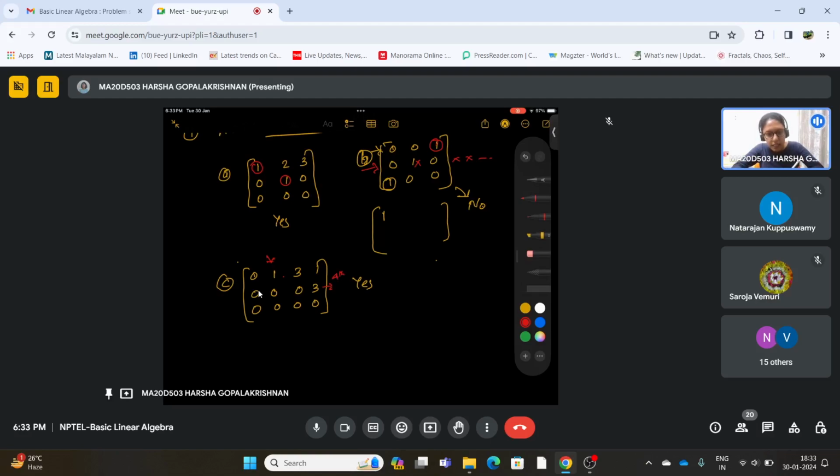If the 3 is here, it is still in row echelon form. This non-zero entry in the second row can be in the third position, fourth position and so on, but it cannot be in the first position. And the zero row is placed at the end, the last row. So this is a row echelon form.